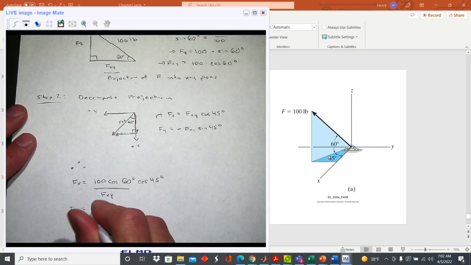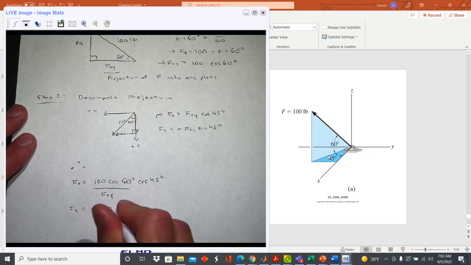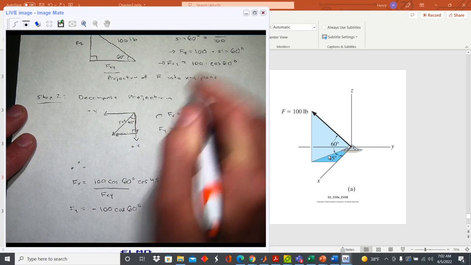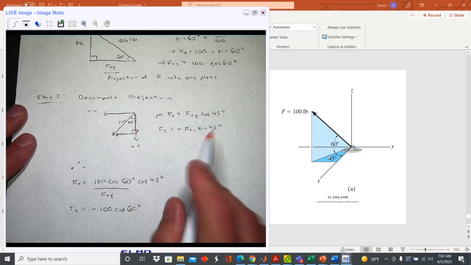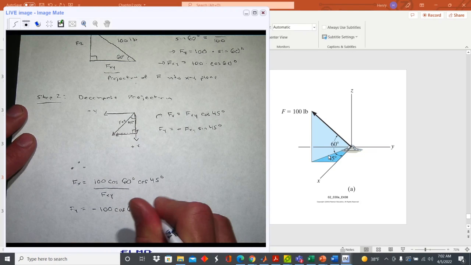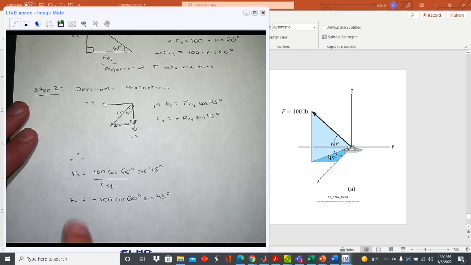Don't forget your negative sign. It's going to be minus 100 cos 60, multiplied by the sine of 45. And finally, fc was the easy one that we found at first, 100 sine of 60. So that's my answer here.